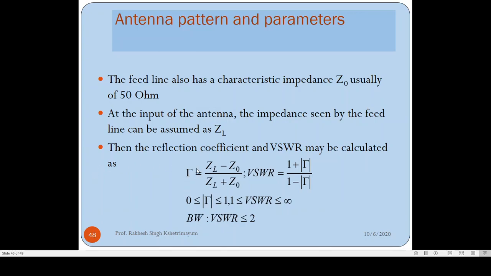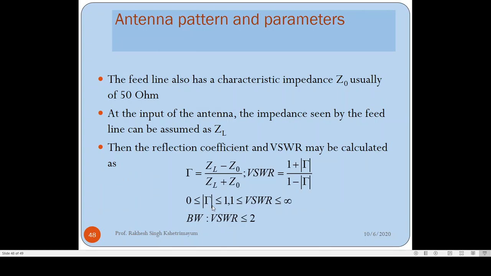Once you have the reflection coefficient, you can also find the voltage standing wave ratio, which is simply (1 plus modulus of gamma) divided by (1 minus modulus of gamma). Now for this reflection coefficient, the maximum reflection you can have is 1. The incident signal has amplitude of 1, the maximum it can reflect is 1, the minimum it can reflect is 0.